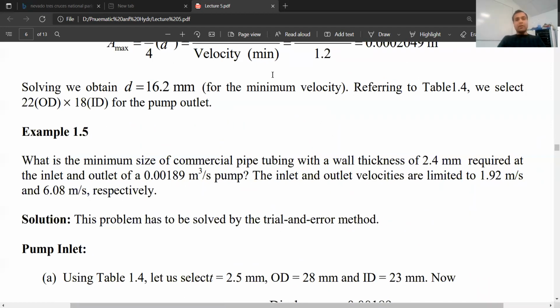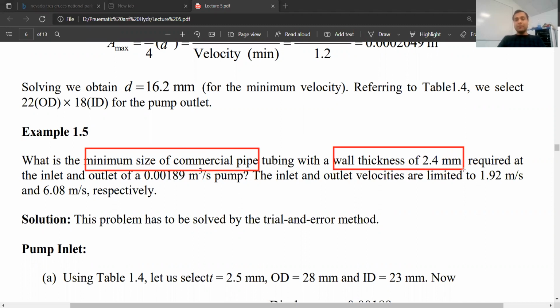We need to figure out the minimum size of the commercial pipe tubing. The wall thickness is given as 2.4 millimeter. The flow rate is given, Q is 0.00189 meter cubed per second.